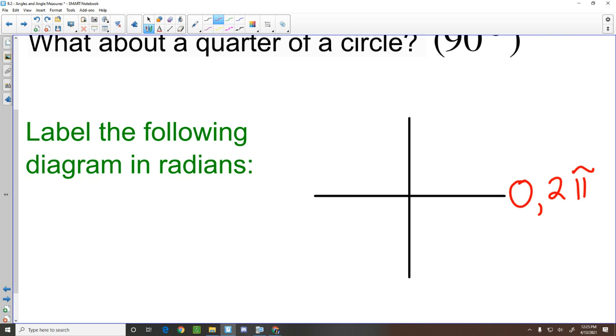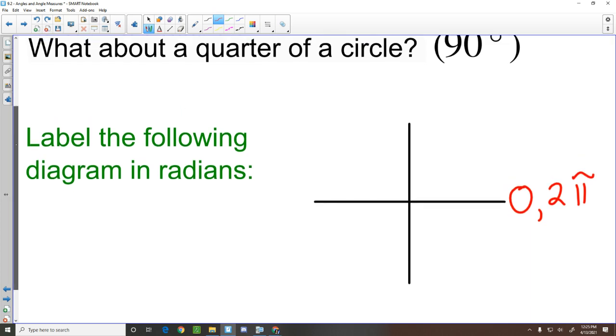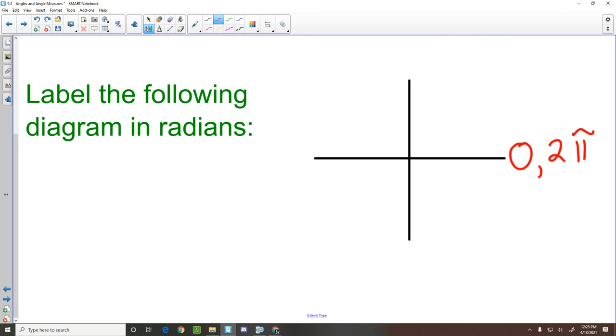All right, so we'll start with the obvious one. Most of you seem to have got on to that, which is great. If one complete trip all the way around the circle is 2 pi radians, then what would half of that trip be? Well, what's half of 2 pi? Just 1 pi, or just pi.